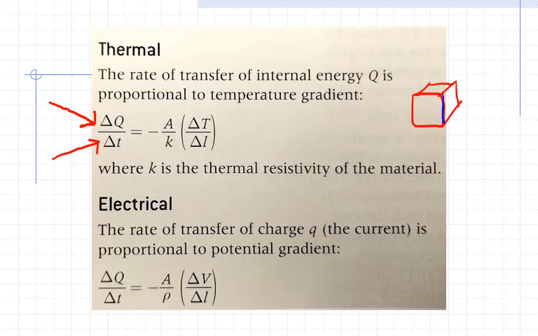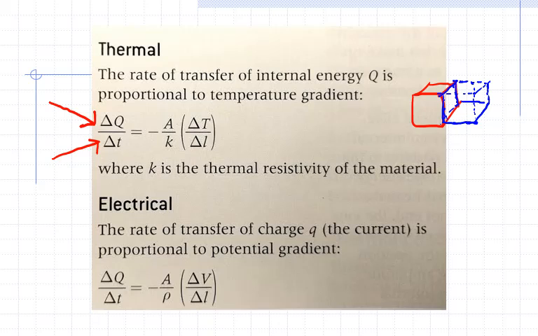So here's the other box. Try to draw this three-dimensionally here. Okay, so these two boxes are touching.